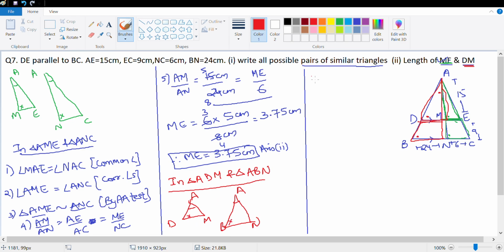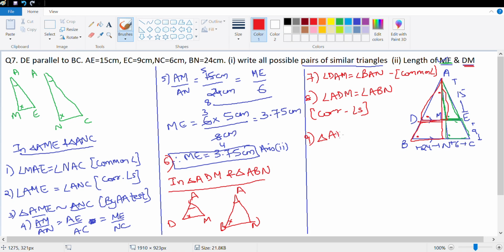So same method. Let's just write that down. This was number 6. Number 7 would be angle DAM is equal to angle BAN. Reason, common angle. And number 8 would be angle ADM would be equal to angle ABN. Reason is corresponding angles, which means triangle ADM, let's look at similarity.